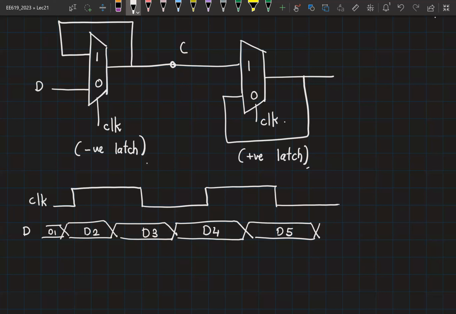So I will call this node QM, the intermediate node, and this is Q. Can you plot QM and Q for this configuration?